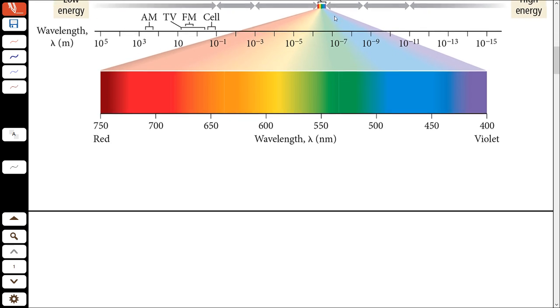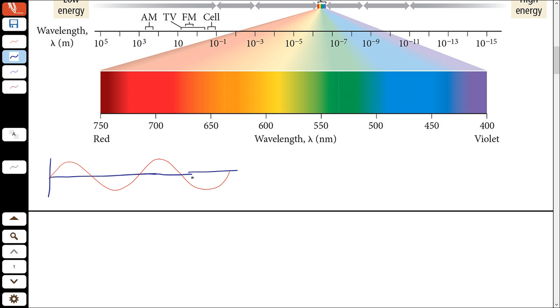So if we look at a wave, let's say there's our wave. So we define one wavelength as a complete oscillation from one point to the return to that point.